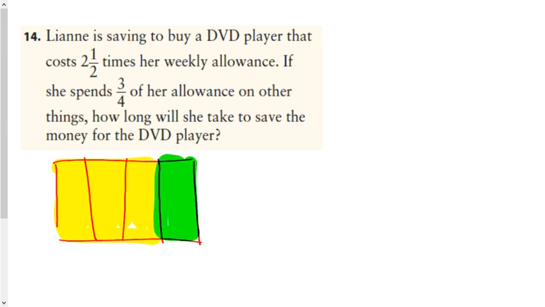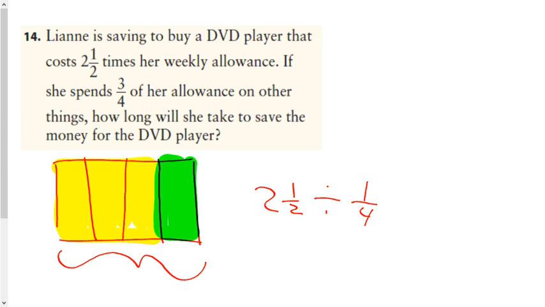So how much of her weekly allowance does she actually save? 1/4. So the question is, how many of these total rectangles does she need to save enough money for a DVD player? She needs 2.5 times her entire allowance. So 2.5 allowances divided into the 1/4 that she's actually going to save.